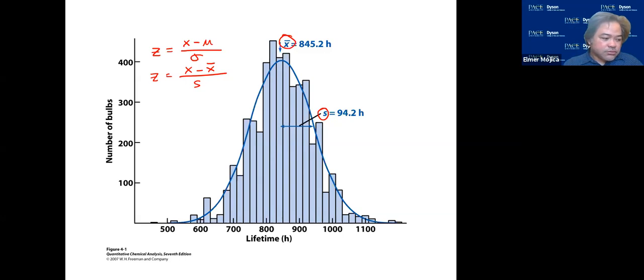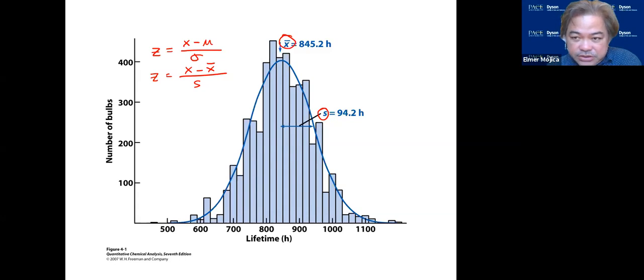So here in this slide, you're given an example of a set of data. To give you an idea, a manufacturer tested the lifetime of 4,768 bulbs. The bar graphs show the number of bulbs with a lifetime in each 20-hour interval.